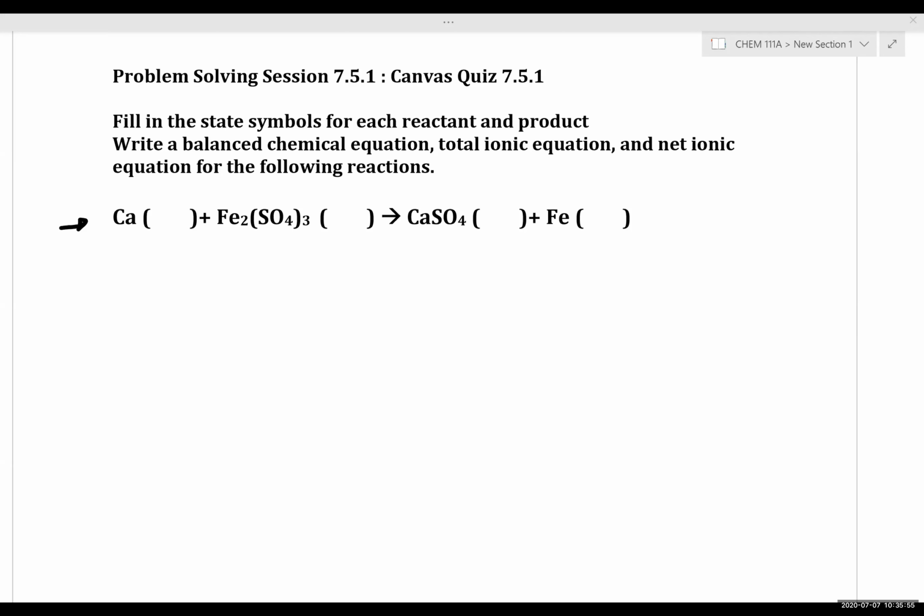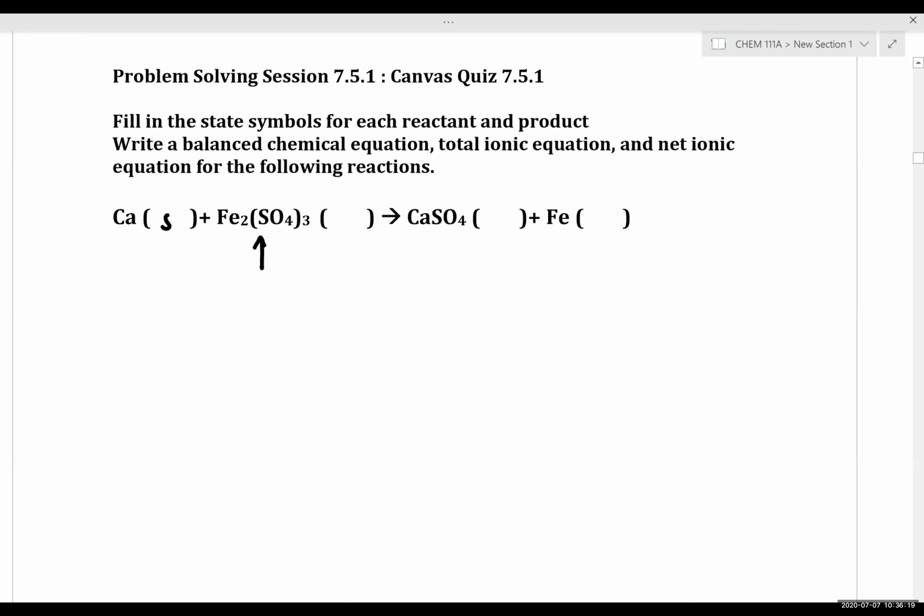What state symbol should we assign for calcium? I always like to think about it intuitively. If I have a piece of metal like steel or iron, it's not going to dissolve in water. So what state symbol do we put for a pure metal? Solid. Yep.